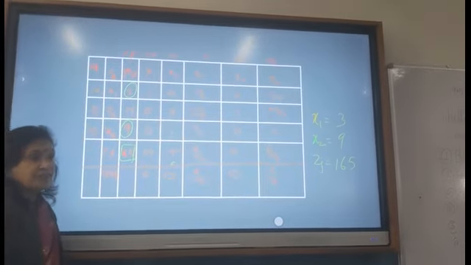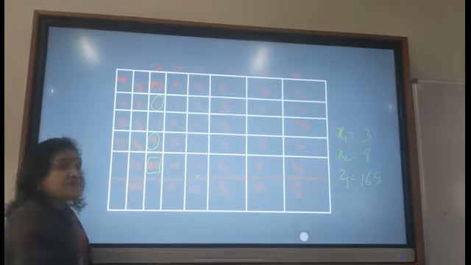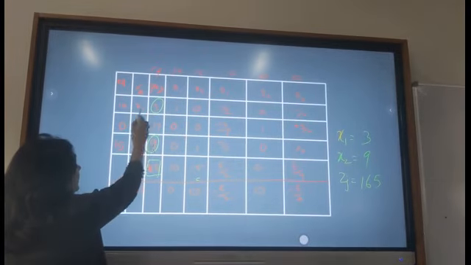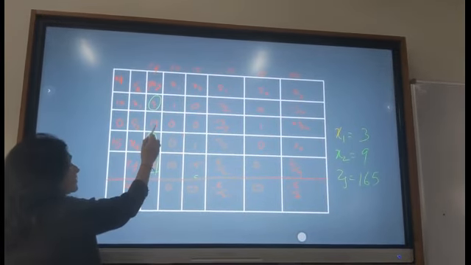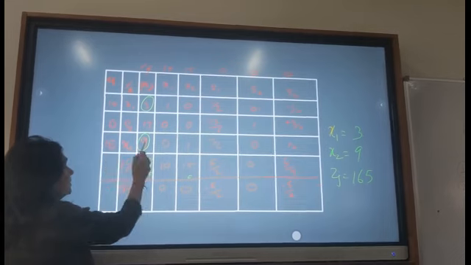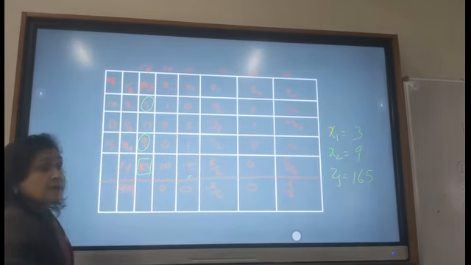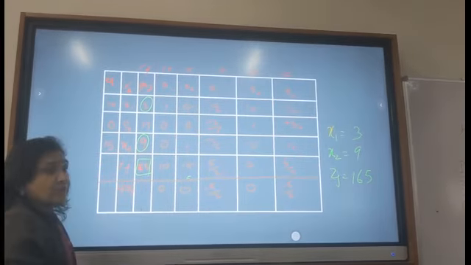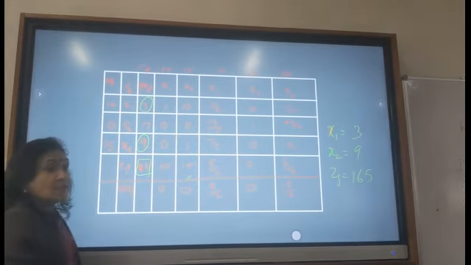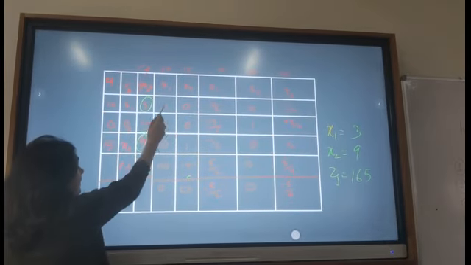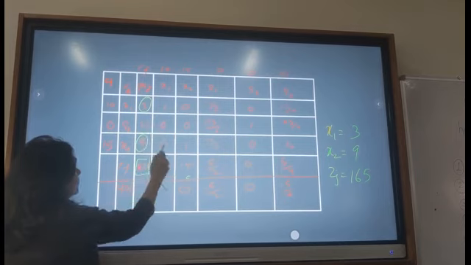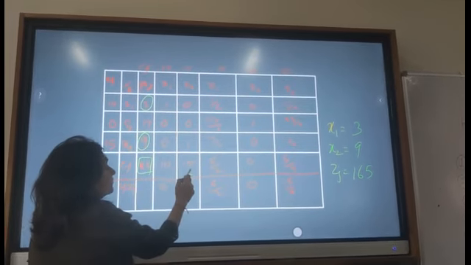Once I have got these 3 rows, then I find my Zj. 10 into 3 is 30, plus 0 into 17 is 0, plus 15 into 9 is 165. My Zj comes out to be 165. Similarly, 10 into 1 plus 0 plus 0, 10. This is 15.